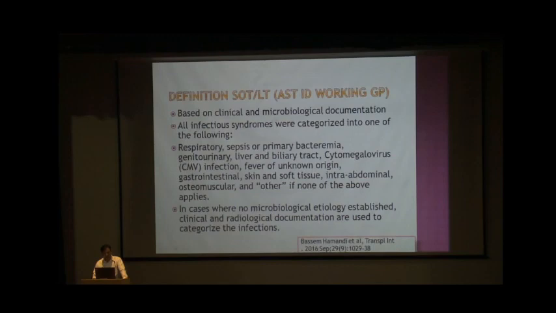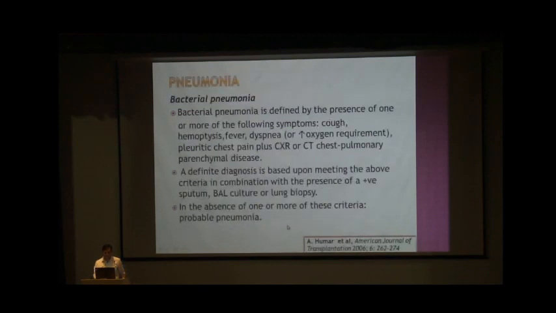All infectious syndromes should be categorized into one of the following: respiratory sepsis, primary bacteremia, urinary, liver or biliary tract like cholangitis, CMV infection, unknown origin or fever of unknown origin, GI tract sepsis, and skin and soft tissue, which includes surgical site infection, and intra-abdominal, that is deep organ space infection. Where no microbiological etiology is established, clinical and radiological documentation are used to categorize infection.